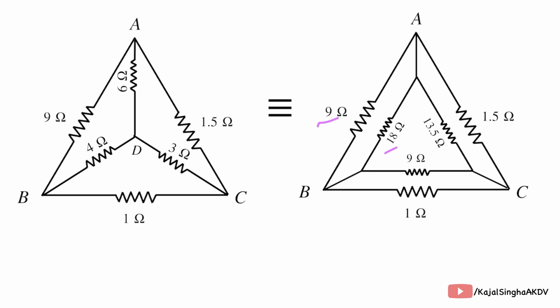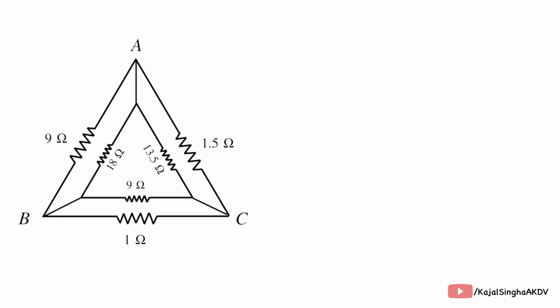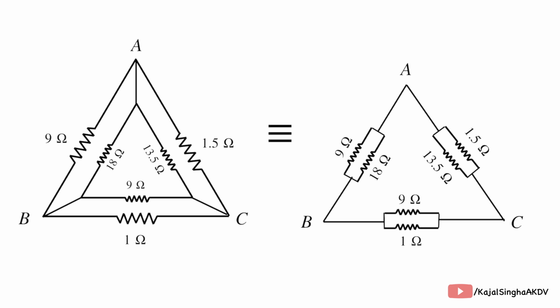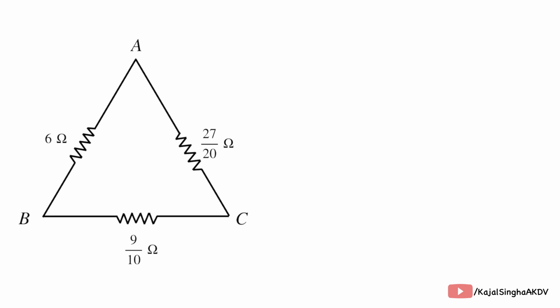Similarly, the resistors of value 9 ohm and 1 ohm are in parallel combination, and resistors 1.5 ohm and 13.5 ohm are also in parallel combination. So we can easily calculate the effective resistance of each parallel combination, and the network becomes like this.